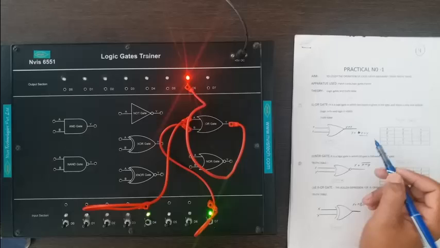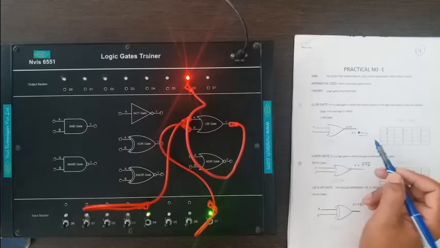Verify this truth table. When both inputs are low, 0 and 0, your output should be high or 1. When either of the inputs is high, you can see your B input is high, your output is low or 0.